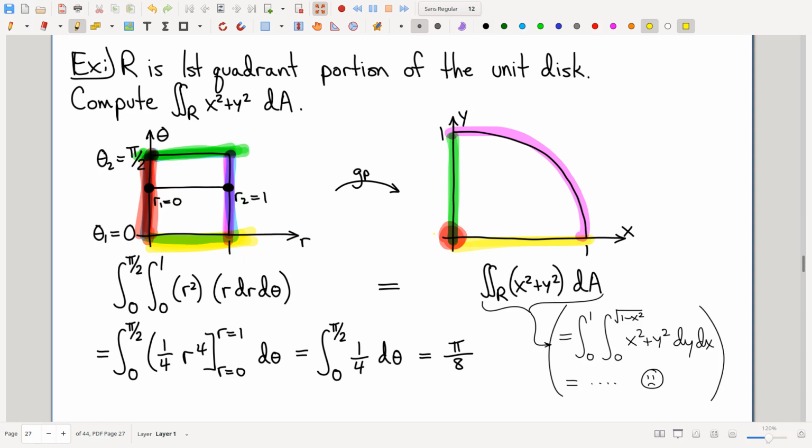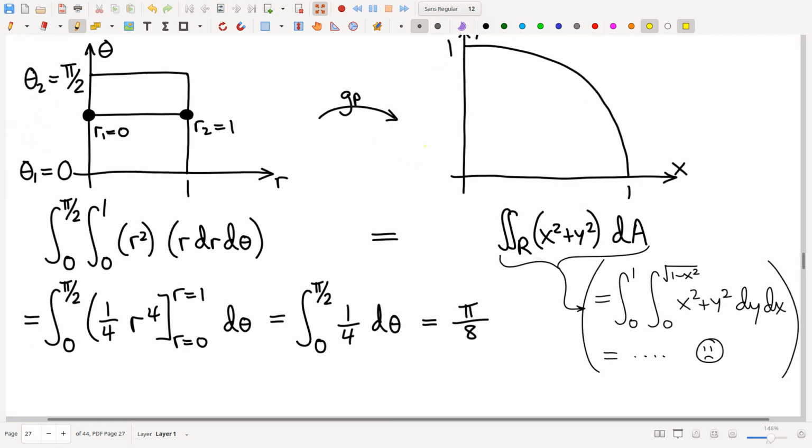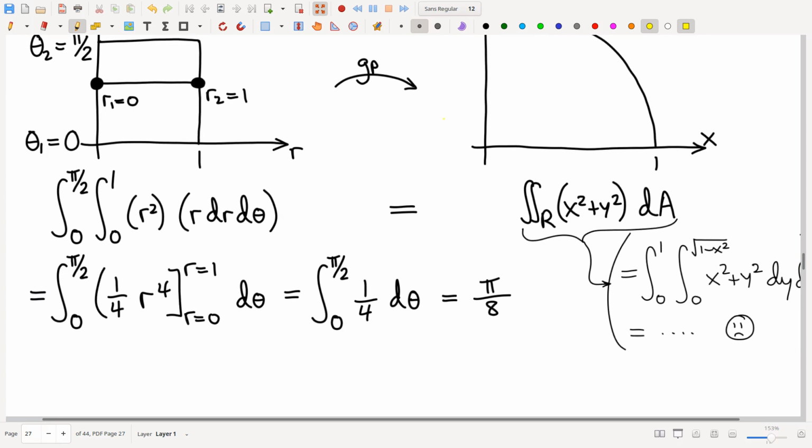Everybody all right? A couple of little details we have to remember. Again, easy to forget. So as we do the remaining plugging in, don't forget that x squared plus y squared, I've got to rewrite that in polar coordinates.